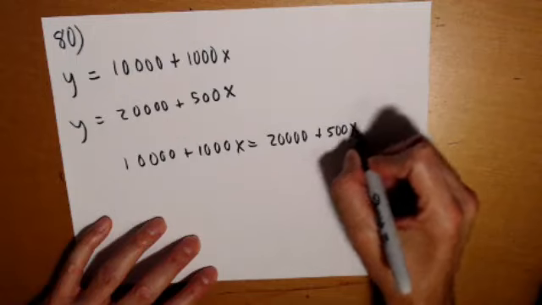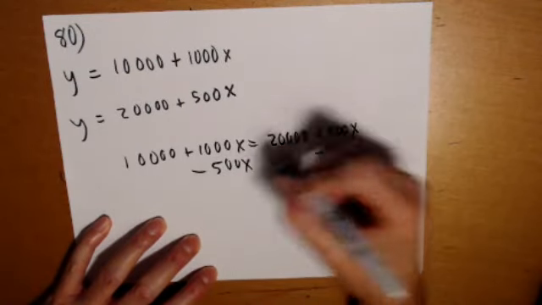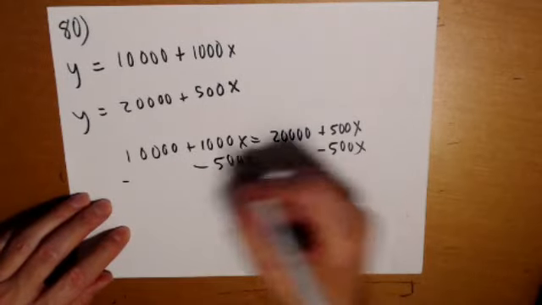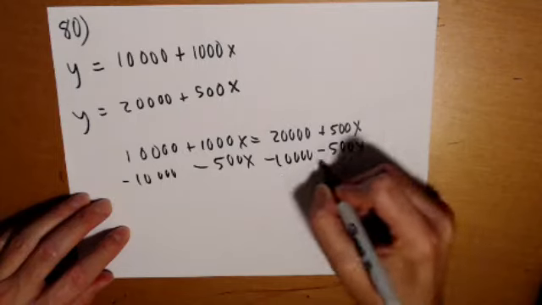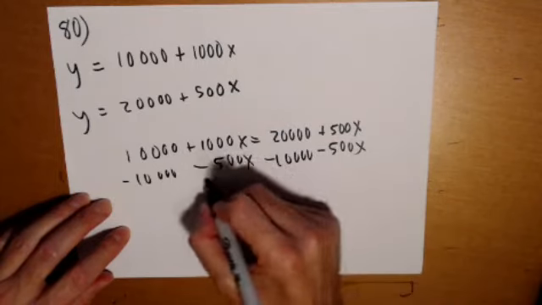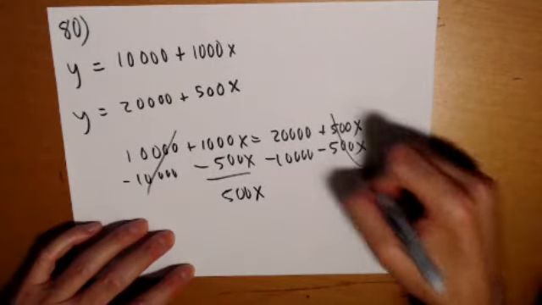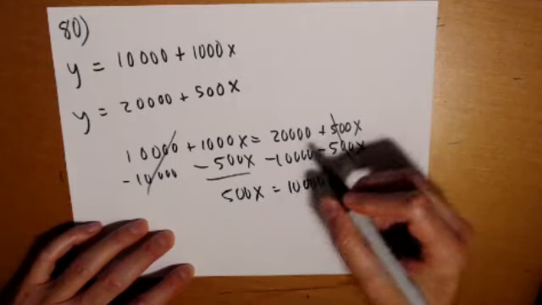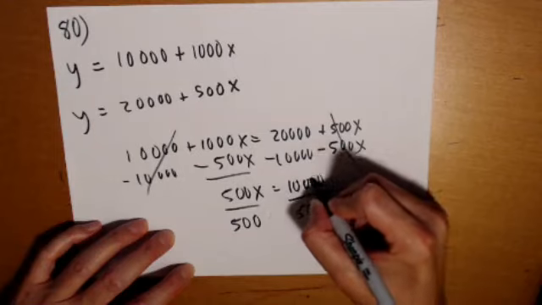Okay, so bring all the x's to one side: minus 500x, minus 500x. With all the x's on this side, let's bring all the numbers to the right, so minus 10,000, minus 10,000. That's going to give us 500x equals 10,000. Divide by 500, divide by 500.